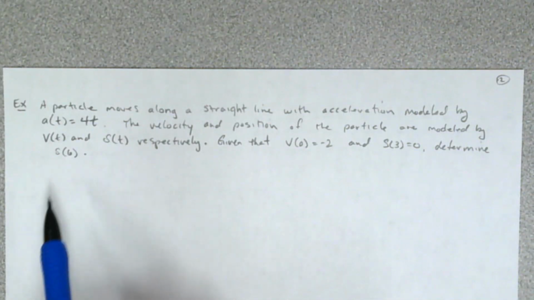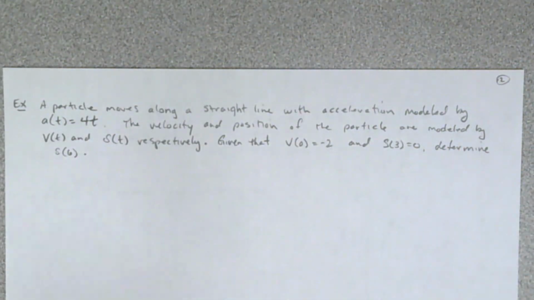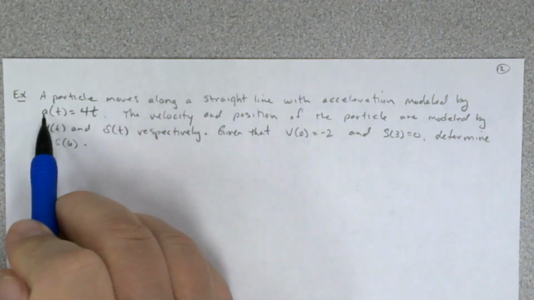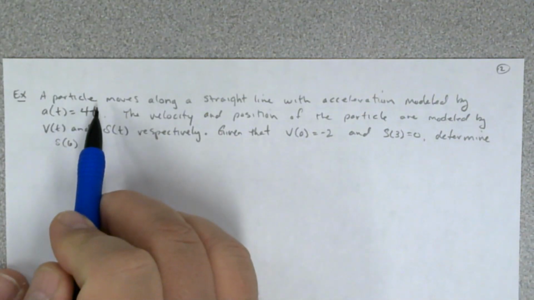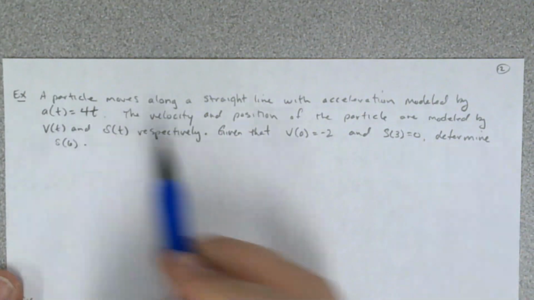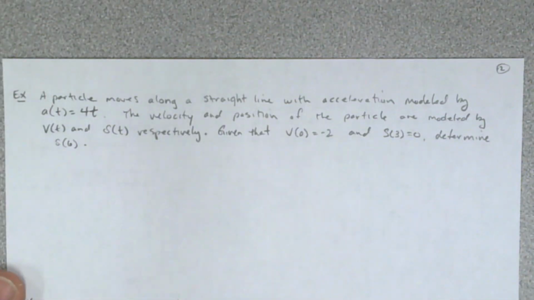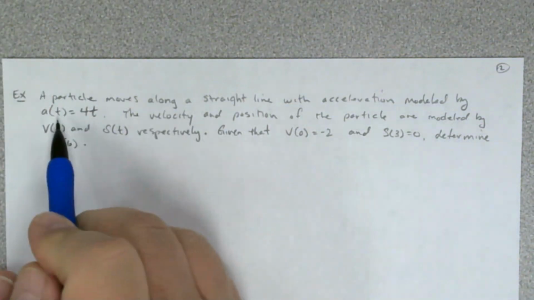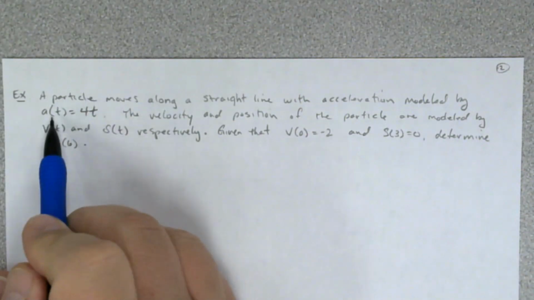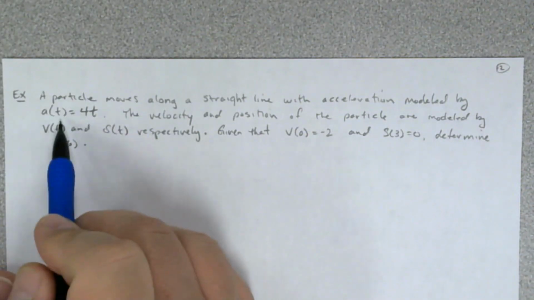Okay, so here's how we begin. I gave you the acceleration. You need to get to the position, which means I need to integrate. The antiderivative of the acceleration would be the velocity.